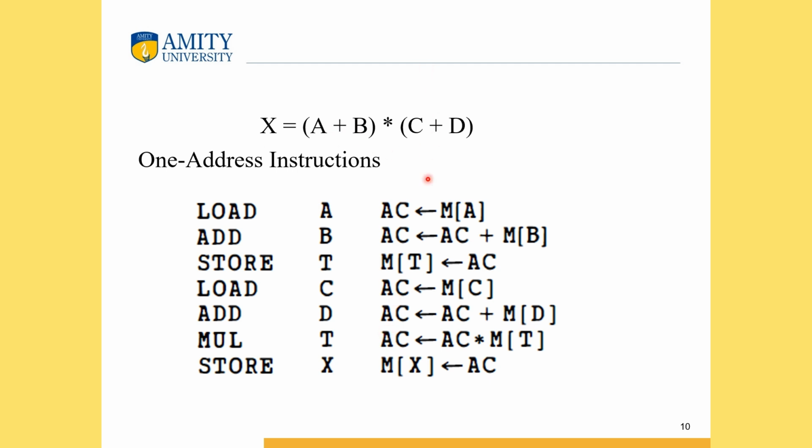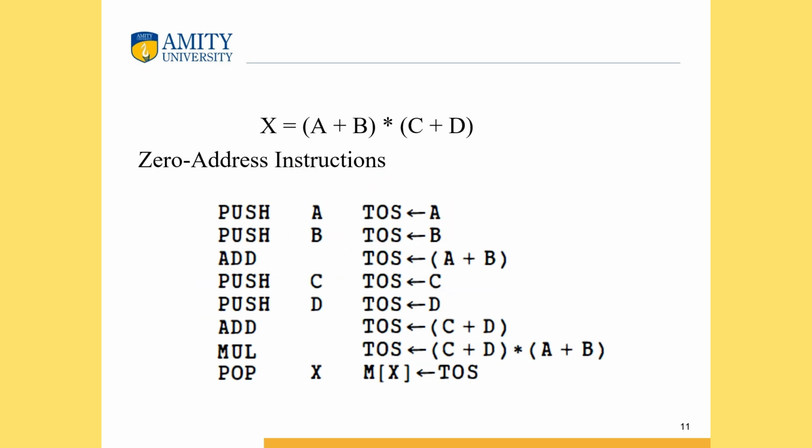Finally, in order to do the multiplication, we multiply the temporary address location with the accumulator and update the result into the accumulator. As you can see throughout the process, we have used only the accumulator register and the temporary address. Thus this is a one address instruction, the example for the first type.